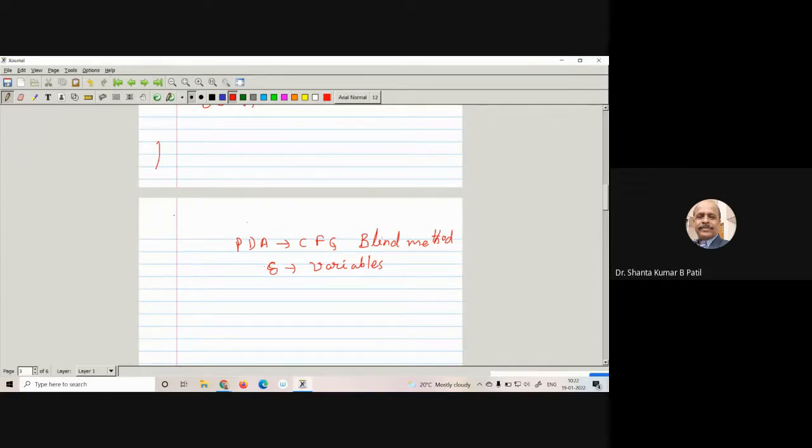For example, your transition function, that is delta, is given as delta of q naught, a, S equals q naught, ab. This is the transition function given.